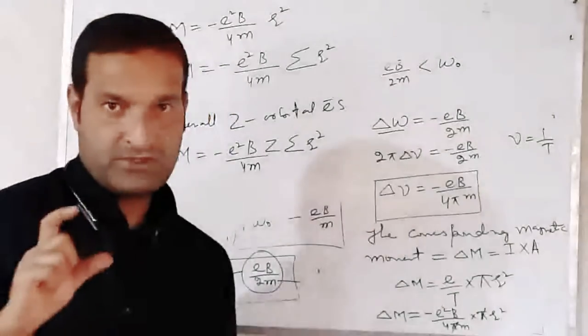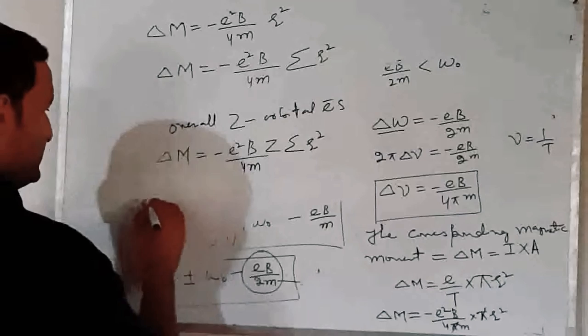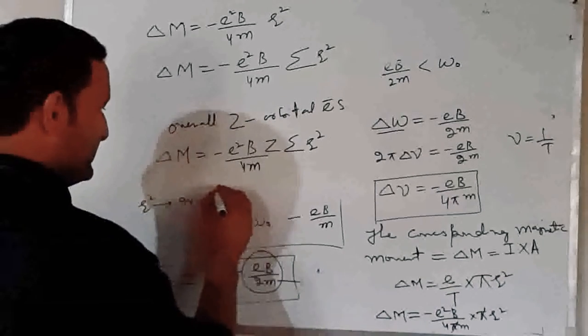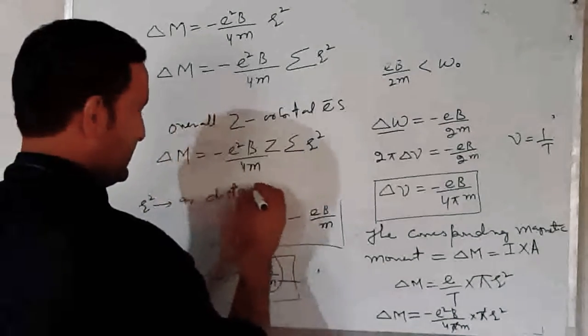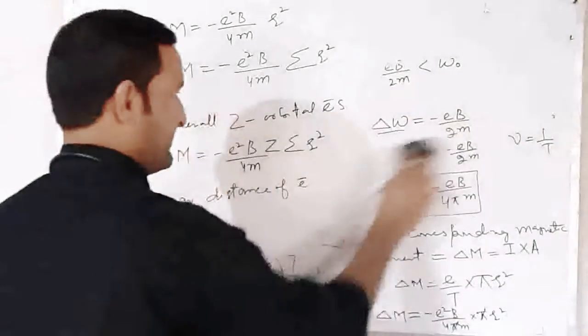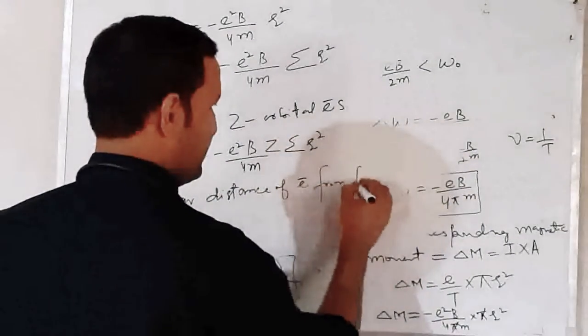So this r square is the average distance of the electron from the field axis.